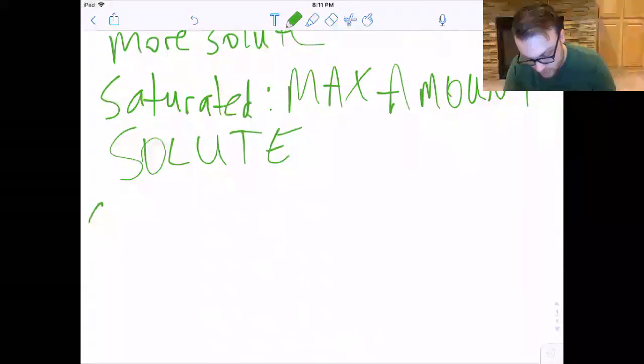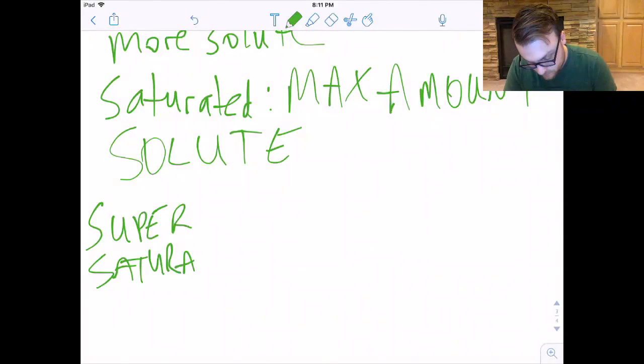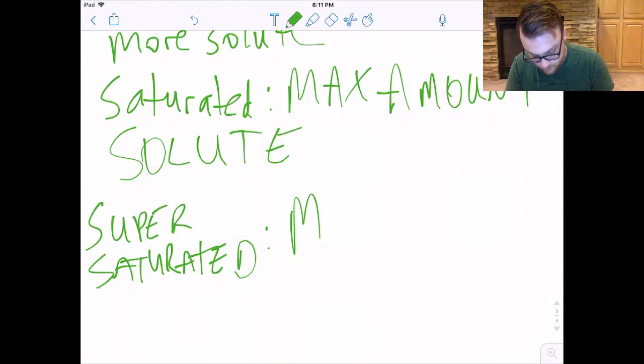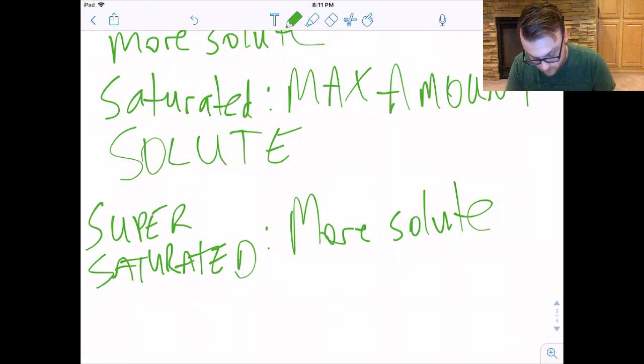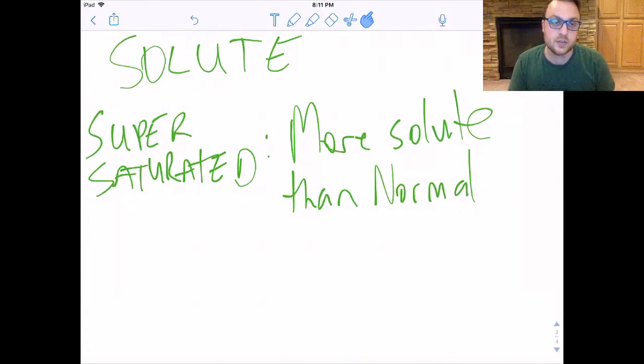And then there's supersaturated. Supersaturated means you have more solute than normal. Usually at a certain amount, let's say you had 10 grams of NaCl.